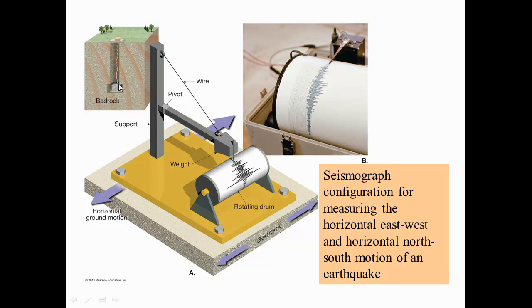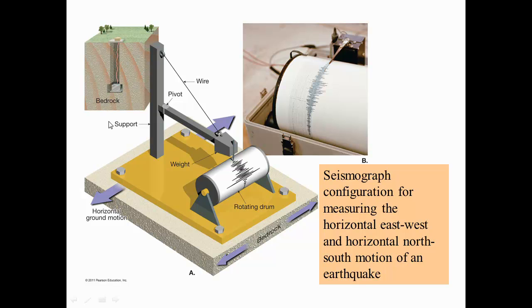And it's best to actually drill a hole into the bedrock and position the instrument deep within the bedrock in order that the instrument is not affected by extraneous noises, as, for example, the vibration of passing cars or perhaps a thunderstorm, things of that nature. And within this configuration, the instrument will mainly record vibrations within the bedrock itself, primarily as a result of an earthquake.